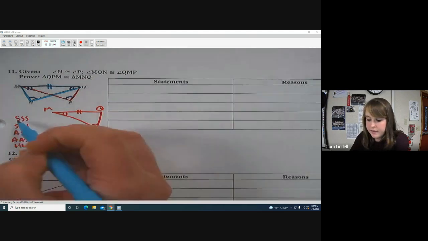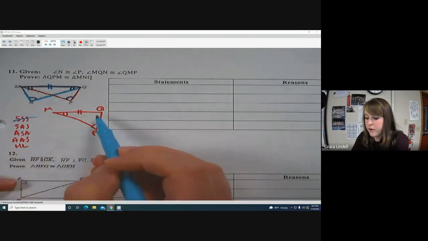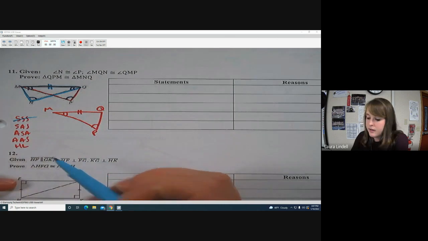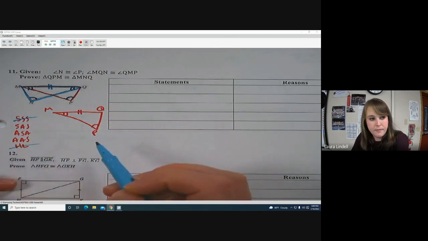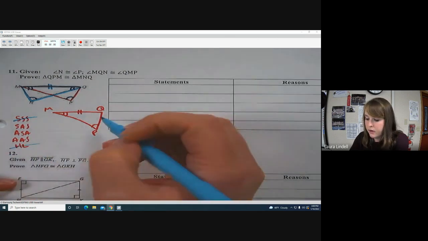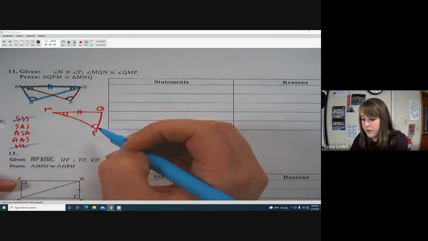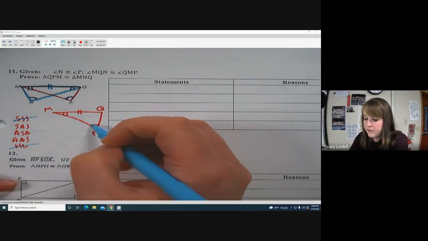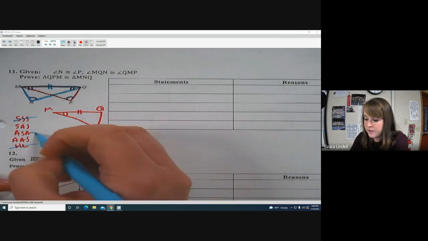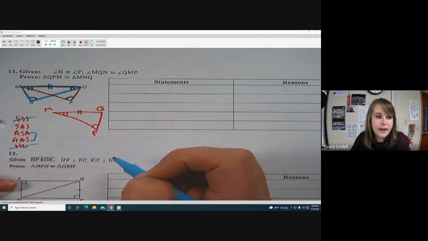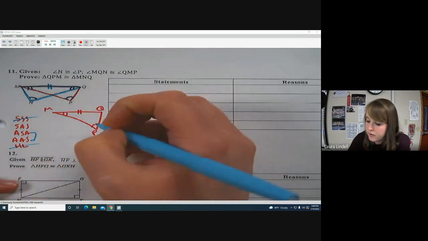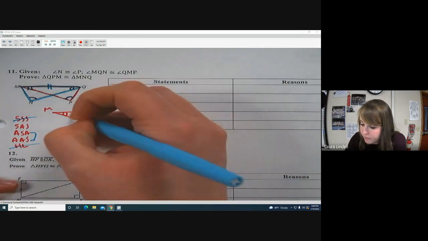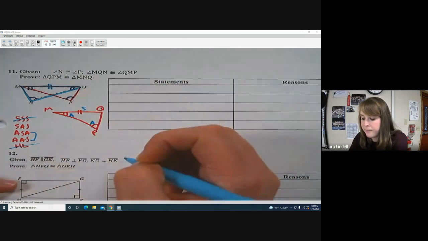So it's not SSS, because we don't have all the sides. It's not HL, because we don't have a right triangle. So that narrows that down. We do have two angles, so I'm inclined to start looking at ASA versus AAS. So now I might label, okay, there's my angles, there's my side.